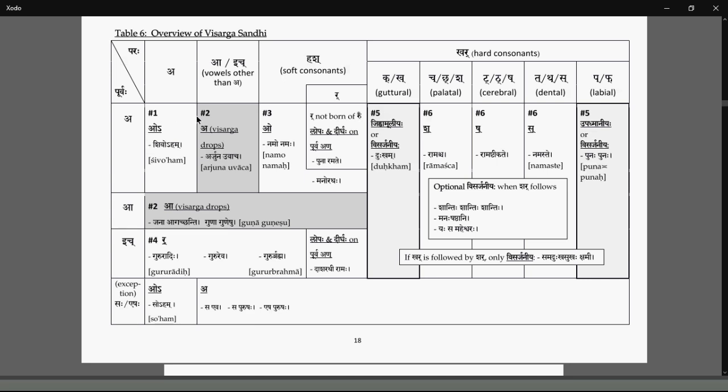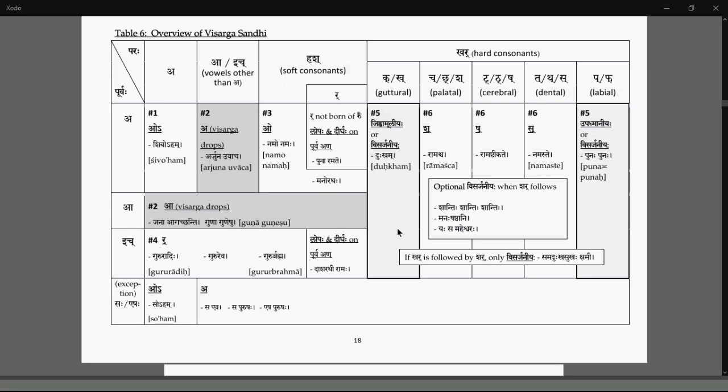A plus Visarga plus Hush letter will give you the Sandhi as O. So Namo Namaha. And you have to see which is replaced here. What is replaced is the Visarga. Visarga is replaced with an O. And not only Visarga, this A is also gone now.